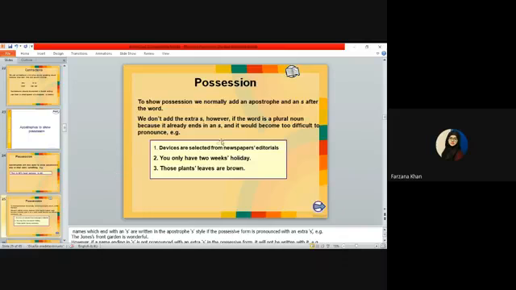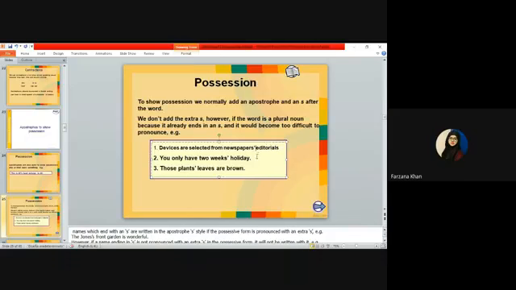Devices are selected from the newspaper's editorials. Here you can see newspapers is a plural. It already contains s. That's why here you can see there is only an apostrophe, there is no other addition of s. So only an apostrophe, and then there is another noun which belongs to the newspapers.